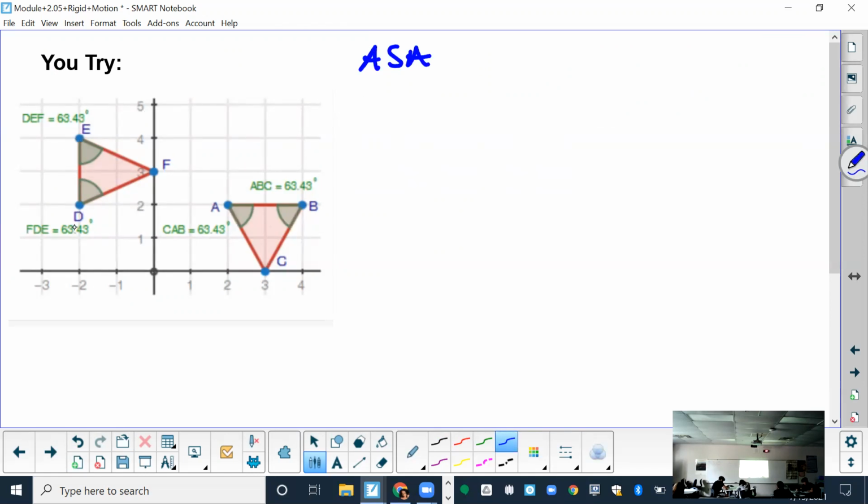So we need to find the side lengths that are between the angles. All right, so what side lengths do I need to find? So like on this first triangle, I would find side DE, because that's between the two angles. What other side do I need to find on the other triangle?